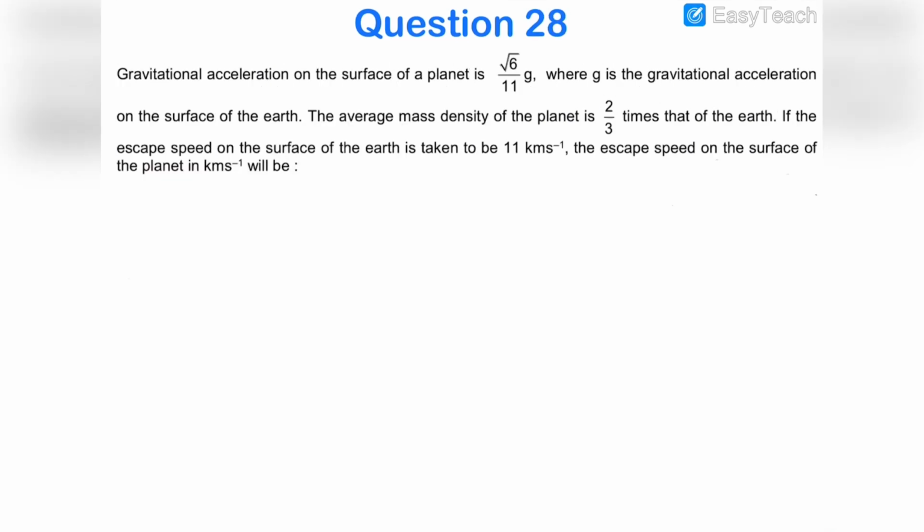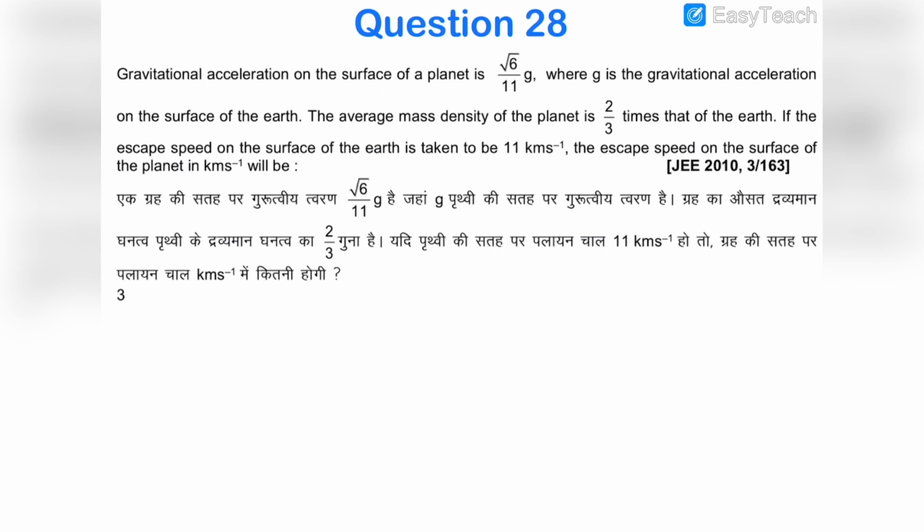In this question, you can see that the gravitational acceleration on the surface of a planet is under root 6 by 11 g, where g is the gravitational acceleration on the surface of Earth. The average mass density of that planet is 2 by 3 times that of Earth, and if the escape speed on the surface of the Earth is taken to be 11 km per hour, then the escape speed on that planet would be.